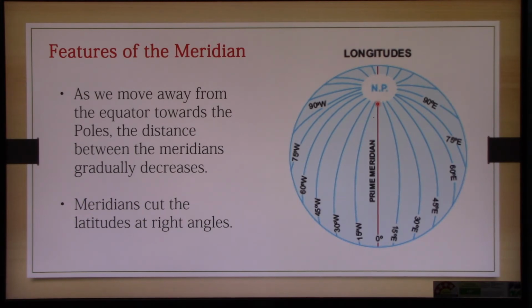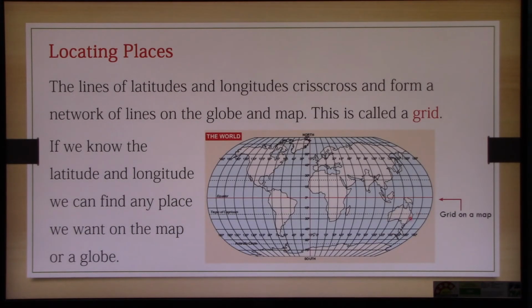So those are the right angles. If we go to the next picture, we'll be able to see how it intersects at the right angle. Let's see. Look at this. Can you see? Right angle has been formed everywhere, especially the place of the prime meridian and the latitude equator.